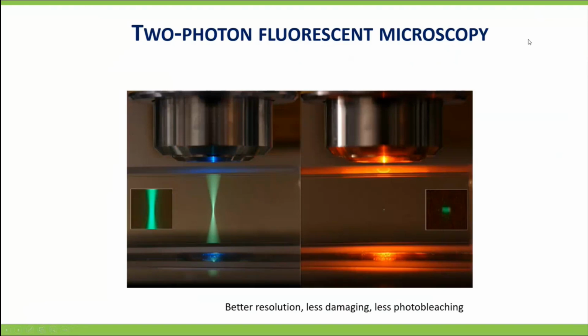So as I said a few minutes ago, the question arose if we can use those structures for multiphoton imaging. Why? Because with the two-photon excitation, we can get better resolution.